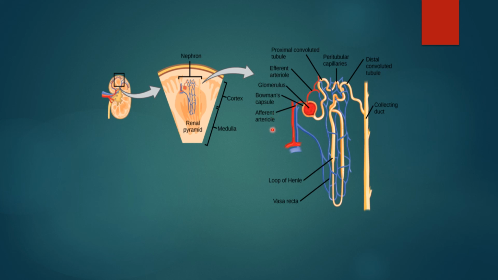And the region where it is lying parallel to the loop of Henle, this network of capillaries is called vasa recta. Ultimately, these capillaries join to form the renal vein.